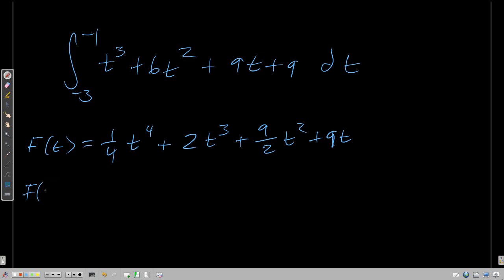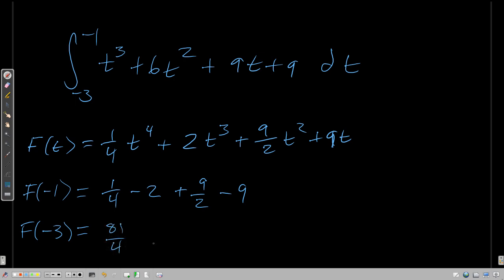Capital F of negative 1 is going to be 1/4 minus 2 plus 9/2 minus 9. Capital F of negative 3 is going to be, we'll say, 81/4 minus 2 times 27.